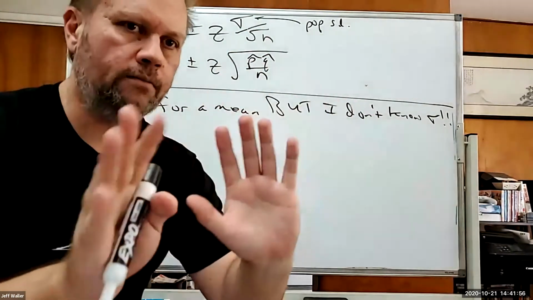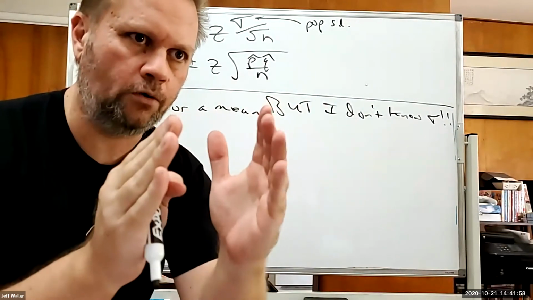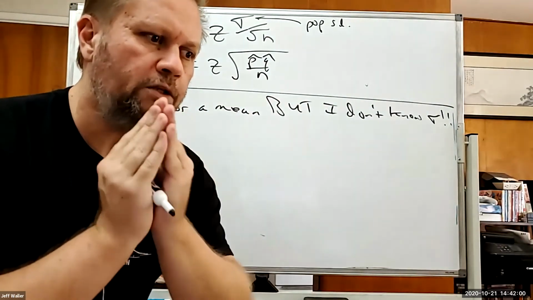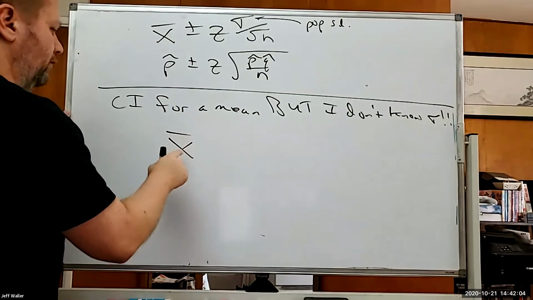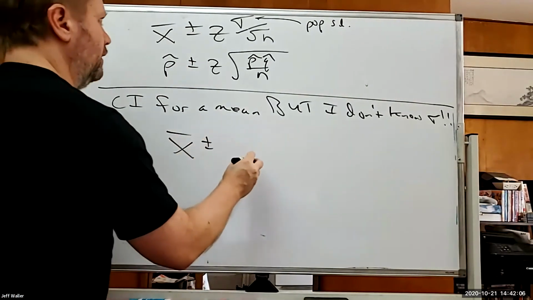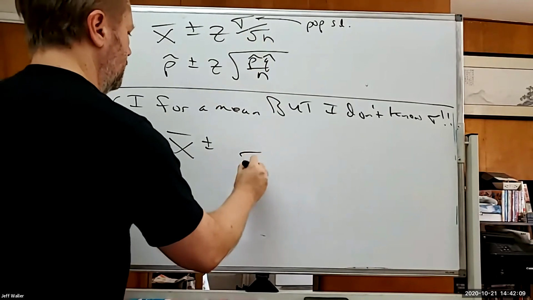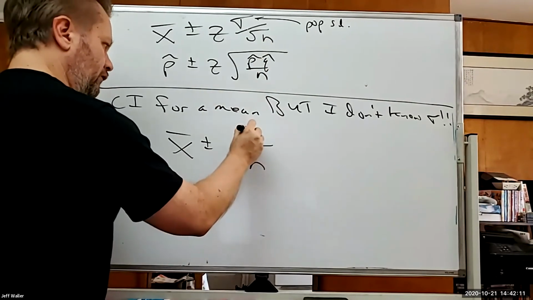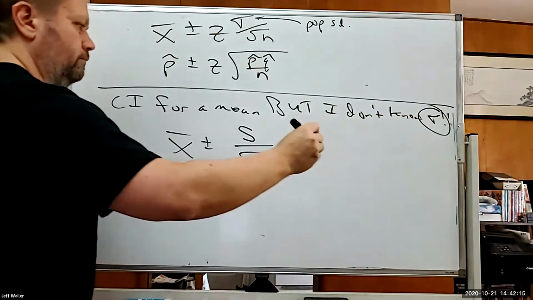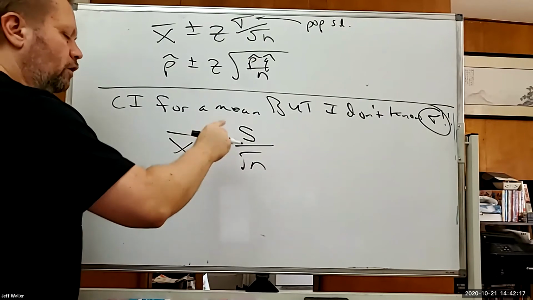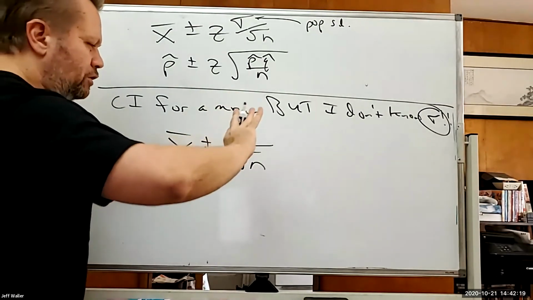So what changes is interesting. I'm going to take a sample, which means I'm going to take a sample size. This time I'm going to find an S because I don't know sigma.